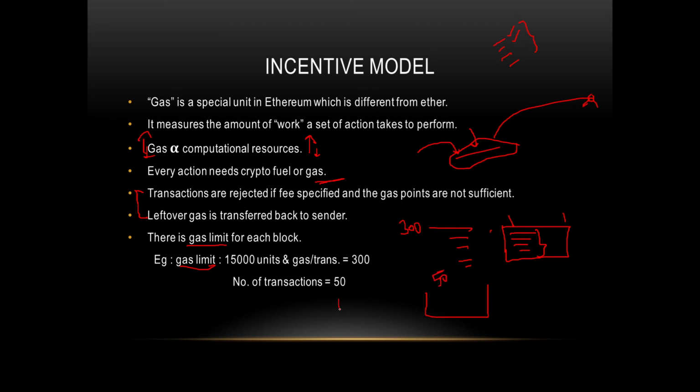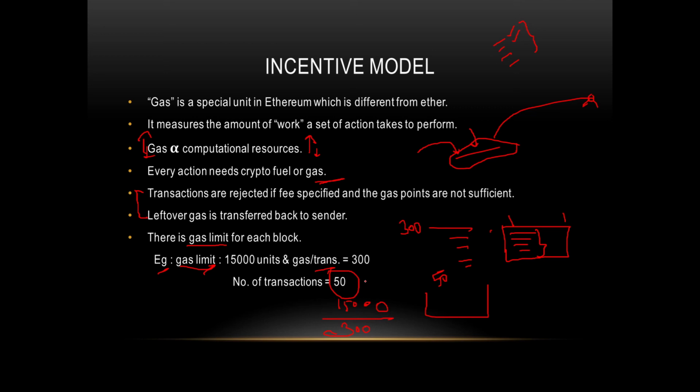The gas limit, which is 15,000, should be divided by the gas per transaction, which is 300, to get the number of transactions, which is 50. So you can put only 50 transactions in a block for this example. If the gas limit is more, you can put more transactions. If the gas per transaction is more, with the gas limit remaining constant, then the number of transactions will reduce. So it is like this.